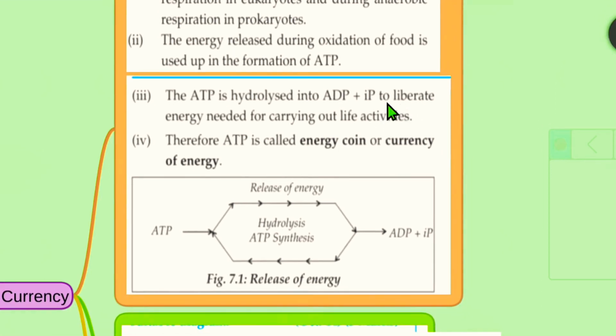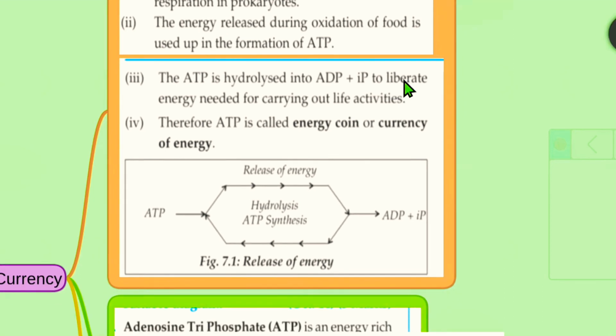And we'll see that energy is liberated, which is needed for carrying out life activities. So therefore ATP is called the energy coin or currency of energy.